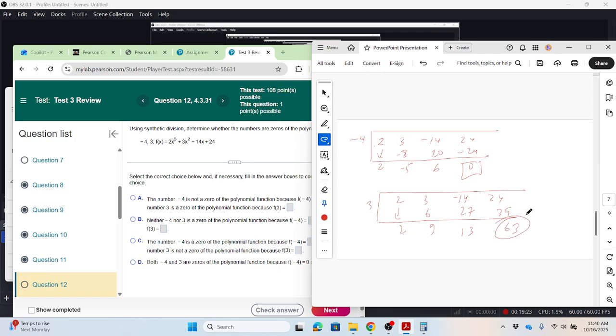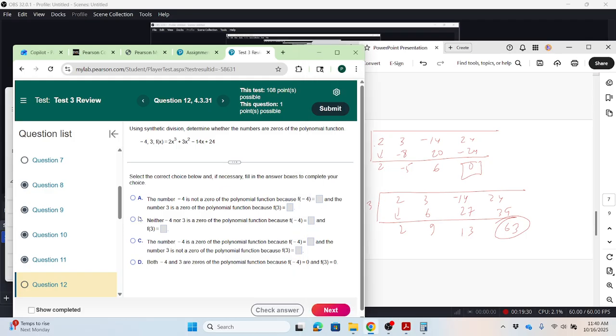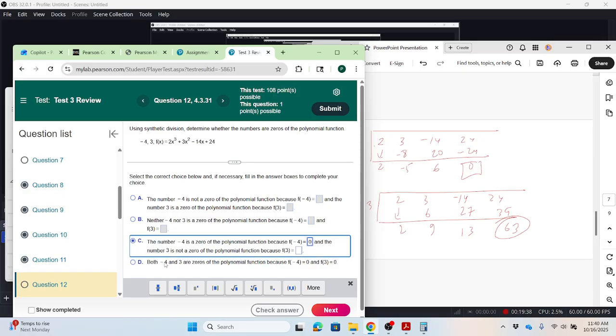It's 63. Because this is not 0, 3 is not a zero. So the answer is the number negative 4 is a zero, and the value of the function at negative 4 is 0. But 3 is not a zero because the value of the function at 3 is 63.